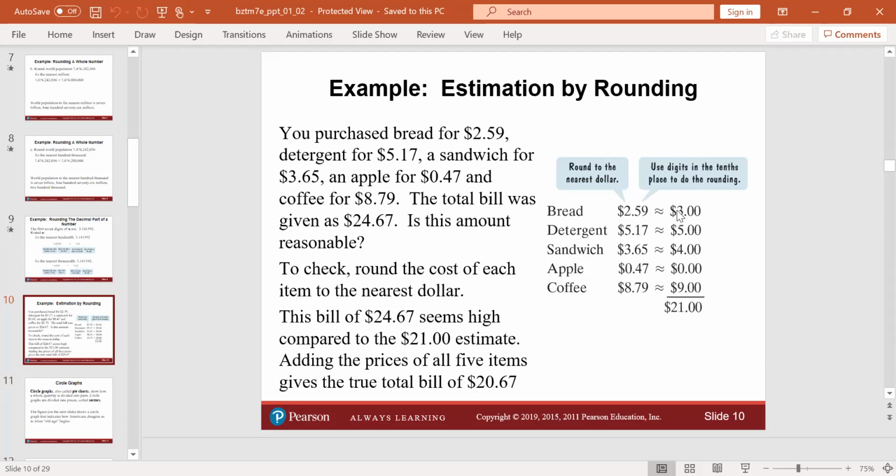So 259 would have rounded to 3, but 517, I would have rounded it to $6. 365 rounded to $4. 47 cents, I would have rounded it to $1. That way, all your estimates are high, and that way you know, oh, well, it came out to $23 and I have $25 in my account, then I'm okay. I'm still okay. So sometimes you want to be conservative, sometimes you don't.